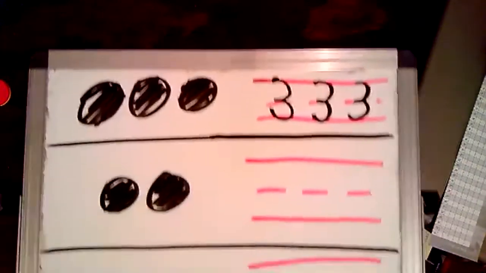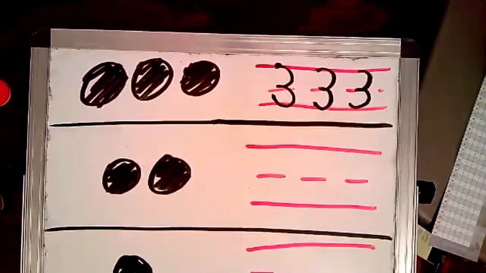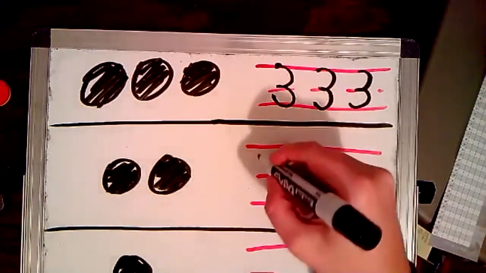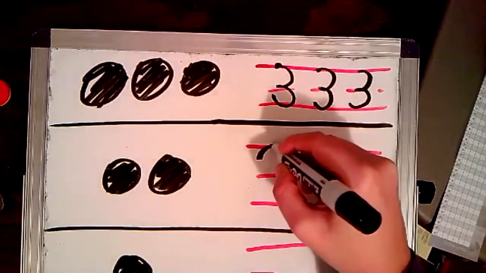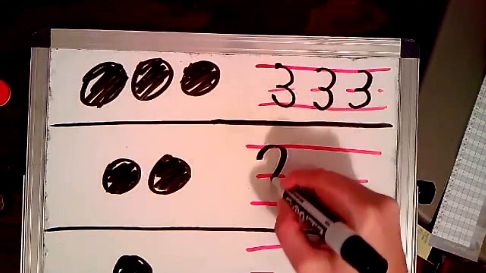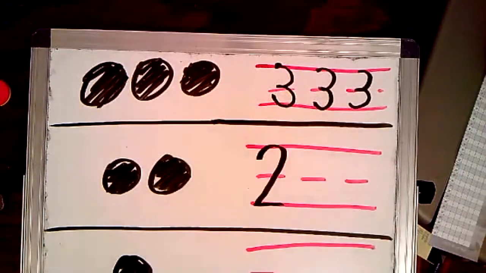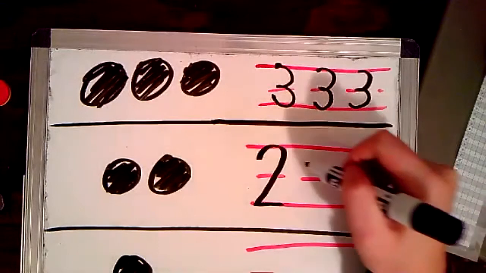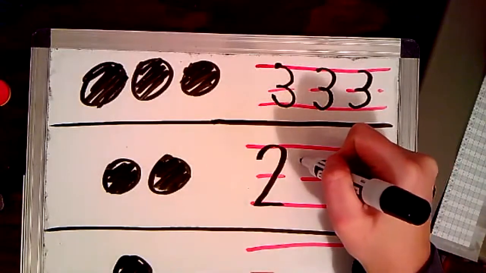Awesome job on writing your 3. So the next one I have, I want you to think to yourself, how many circles do we have on this next one? Right, we have 2. A 2 kind of starts in the middle of our sky and plane.